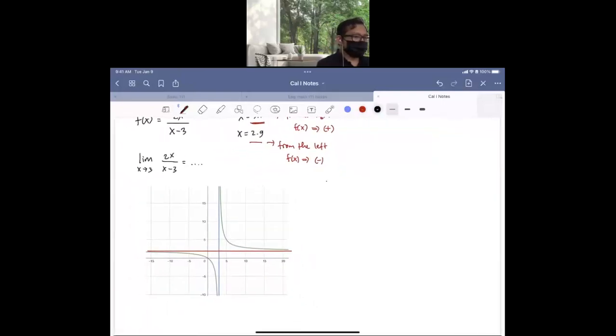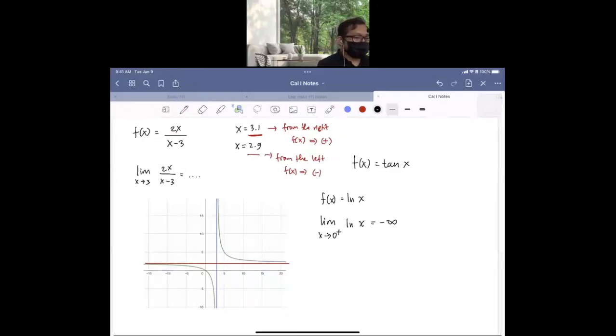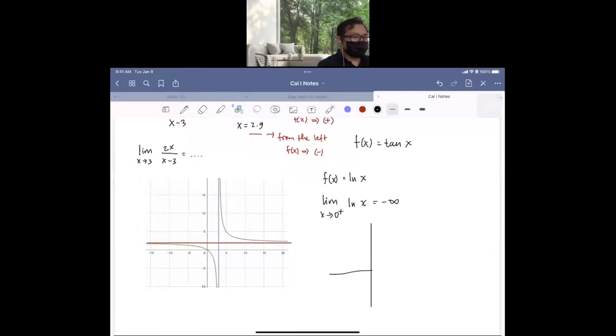Another function that is interesting is the ln. And also the tangent. That is very obvious for the asymptote. So if we have the limit as x approaches from the right, if you draw the ln, you will see that the function is only on the positive side because of the domain, of course.